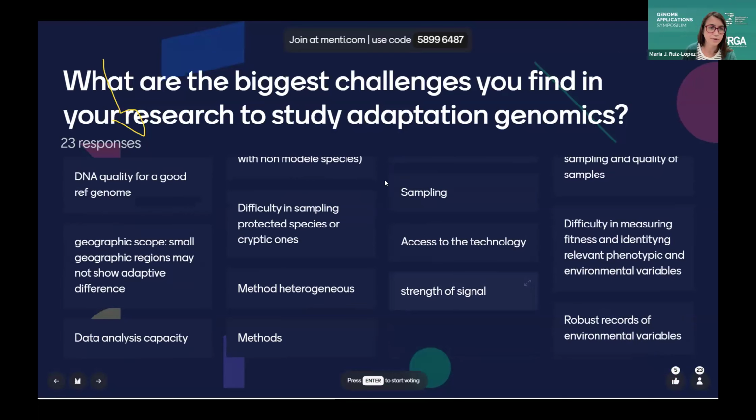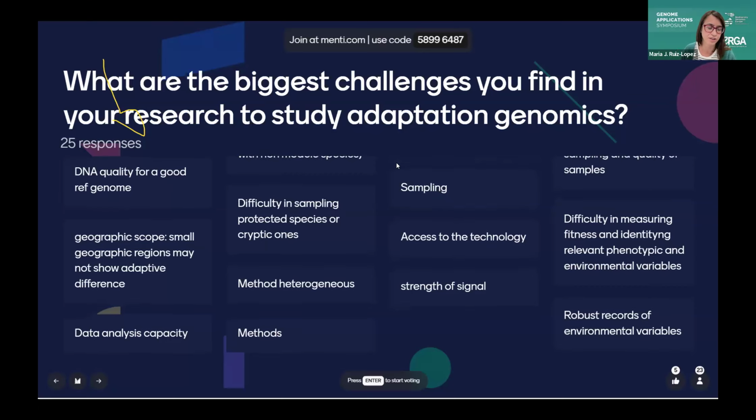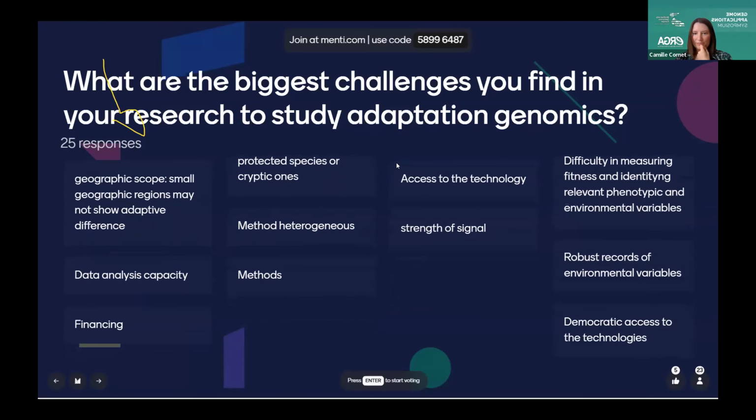Some of the answers go along the lines of access to technology or data analysis capacity, which is very interesting and gives us an idea of how complicated it is: it's not only the question, but also accessing the technology, financing.